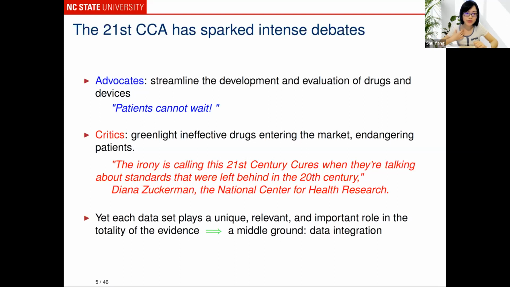Yet in our viewpoint, each data set actually is unique and also important in the totality of the evidence. So instead of supporting one and condemning the other, we should try to extract the information from both the data sources with greater accuracy. So data integration might be a way to reconcile the debate.